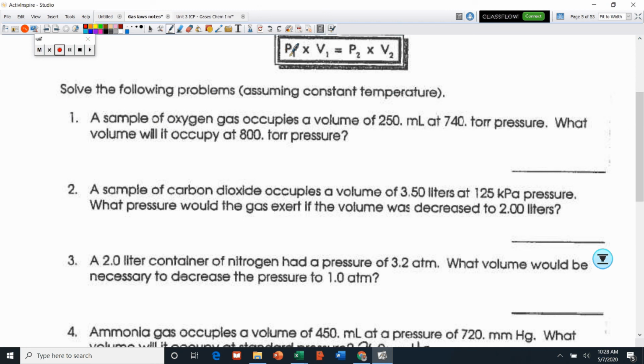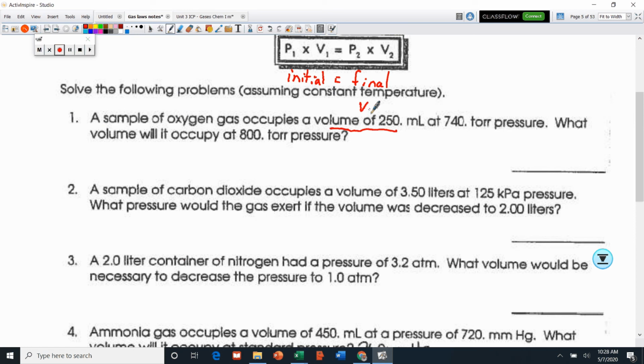So remember, we're using P1 times V1. This is the initial, or the beginning conditions, and the initial conditions have to equal the final conditions. All right, so a sample of oxygen gas occupies a volume of 250.